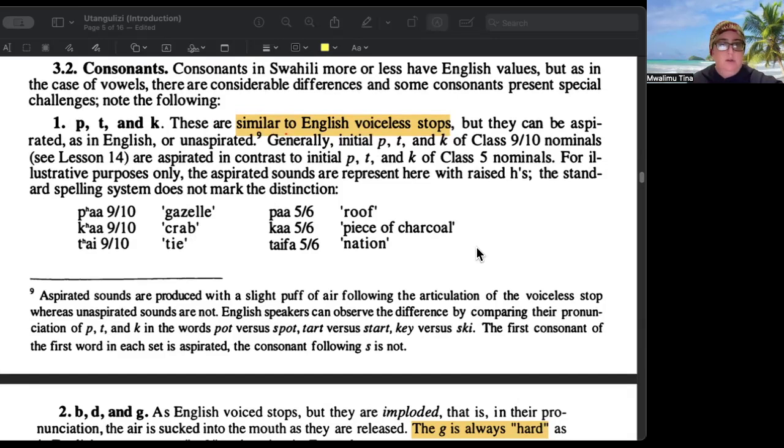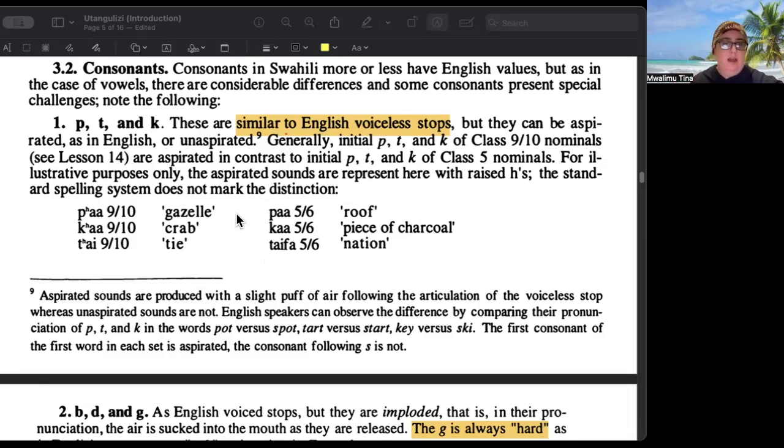The nuances include that there are aspirated and unaspirated sounds. So the three examples on the left are aspirated. So there's air coming out. The 3 examples on the right are unaspirated. So it is neutral. There should be no air coming out. However, this is a very, very slight nuance.